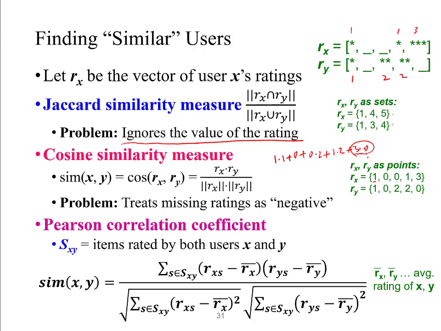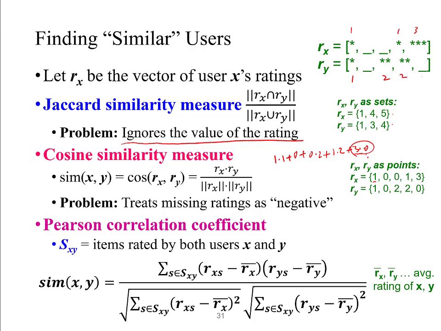So the missing ratings from both x and y do not contribute to the cosine value of Rx and Ry at all. So this is the problem of the cosine similarity measure.